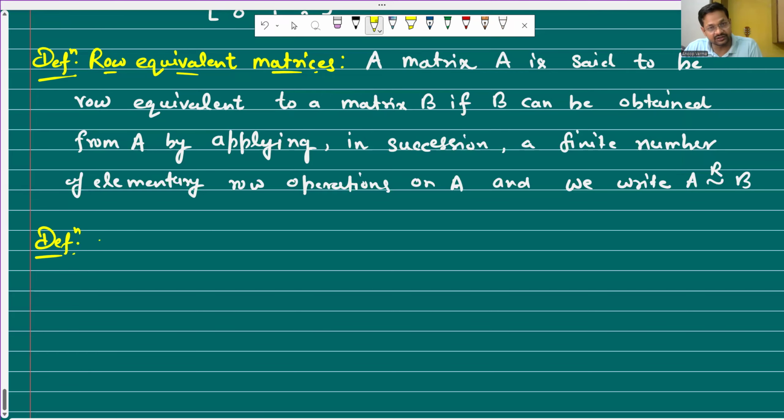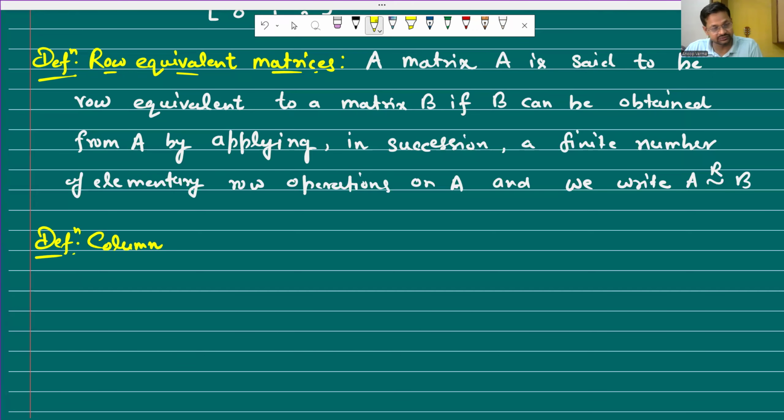Column equivalent. Similarly, you can define column equivalent matrices. We can just write the definition, same definition as above.